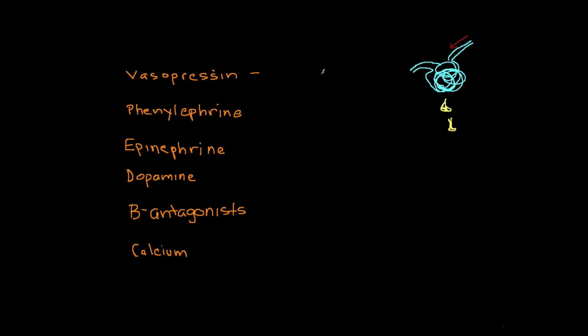One is the renal circulation, drawn here, where we have the afferent arteriole and the efferent arteriole. It turns out vasopressin and also angiotensin II constrict the efferent arteriole, whereas alpha agonists constrict the afferent arteriole.